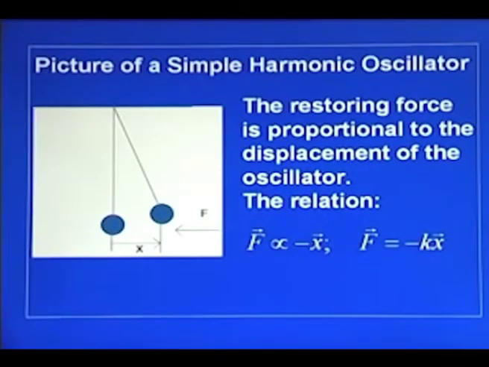A picture of a simple harmonic oscillator: you recall a pendulum. It keeps on moving back and forth, and in the absence of any frictional energy loss you can express that by a simple equation.